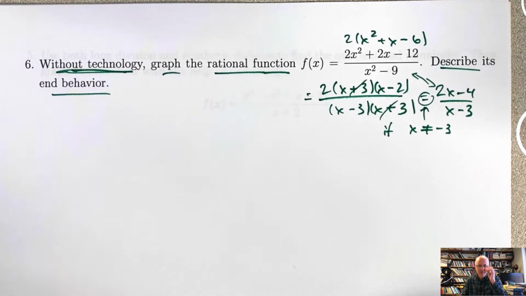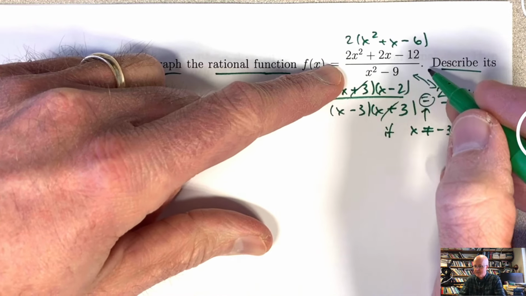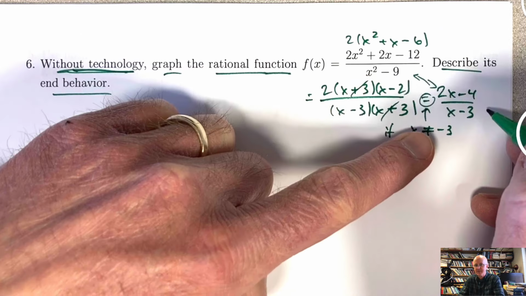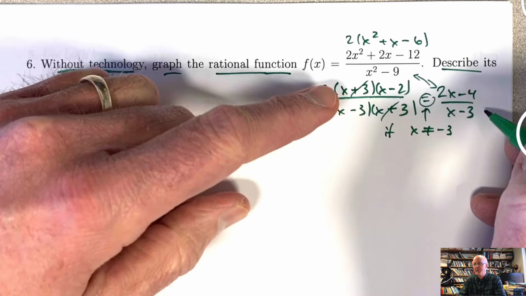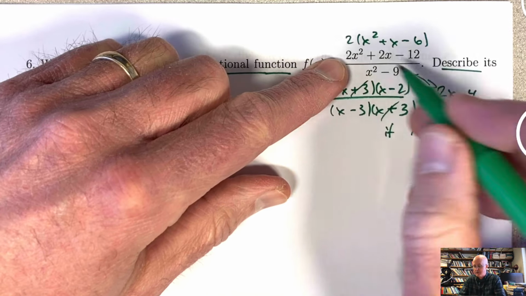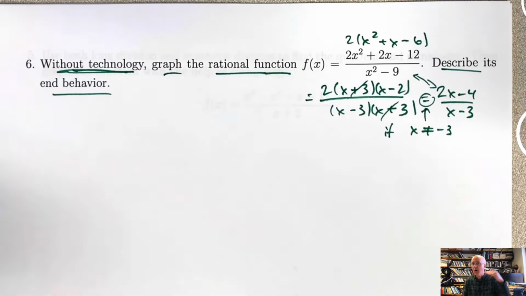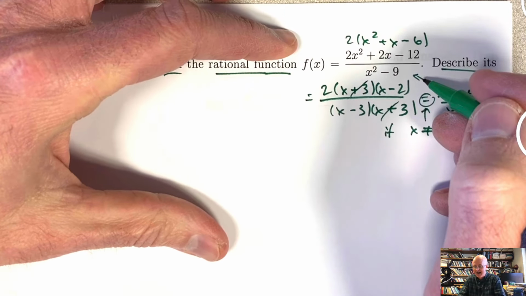What is the end behavior of this function? The degree of the top and the bottom are the same in both cases, the original form and the simplified form. And also the ratio of the highest powers of x is the same, 2 over 1 and 2 over 1. So y equals 2, a horizontal line at y equals 2, will be the horizontal asymptote for this function.